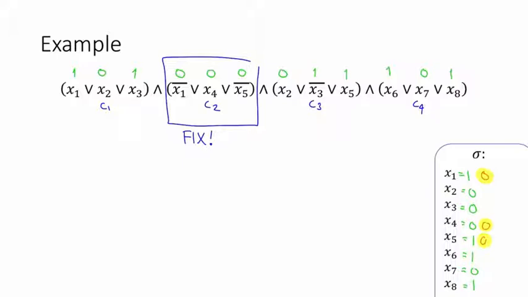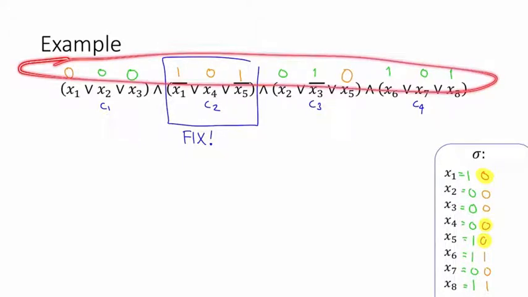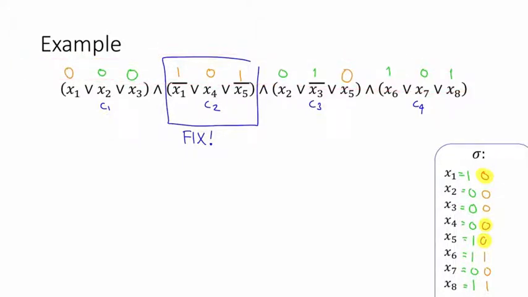That's going to come up again later. And then I'm just going to fill in the rest of the new assignment that we get just by copying things over. And then I've just updated the values of the literals up here appropriately. I realized that before I accidentally had a 1 here for x3, it should be 0.